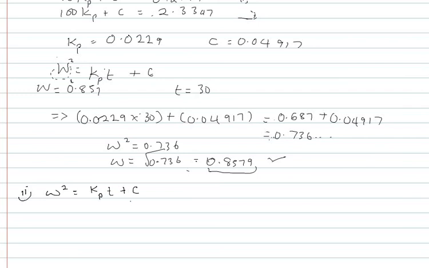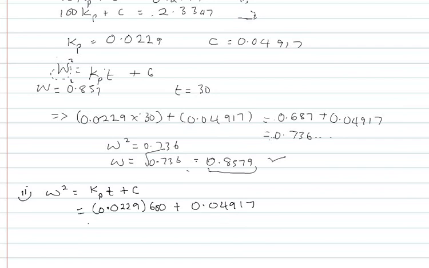And because this is actually parabolic, it has satisfied all these equations, it simply means our values of Kp and our values of C are correct. So I'm going to substitute everything here. And our Kp is 0.0229 multiplied by 600, which is our time, then plus our C, which is 0.04917.